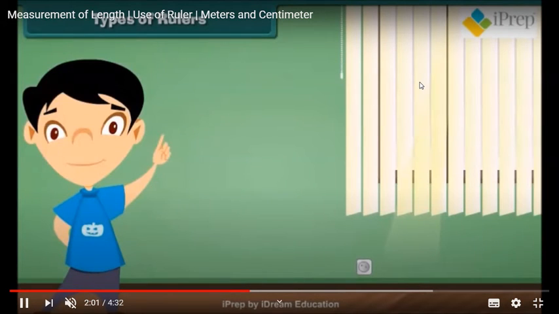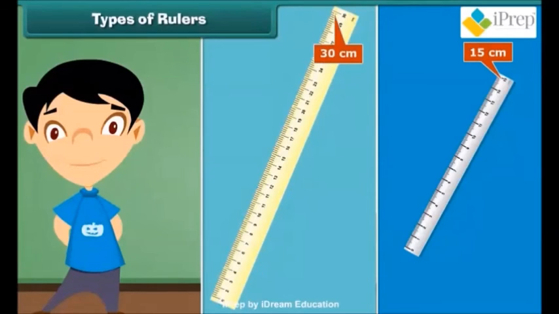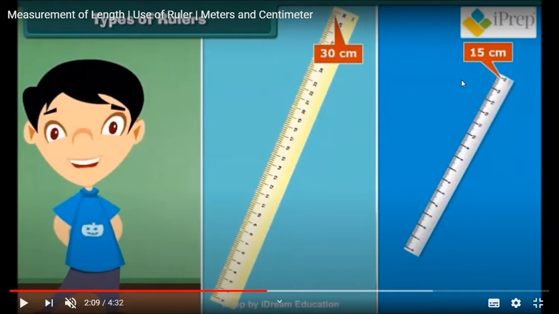Rulers come in different lengths. The first ruler is 15 centimeter, 0 to 15 centimeter, and the next one is 0 to 30 centimeter.